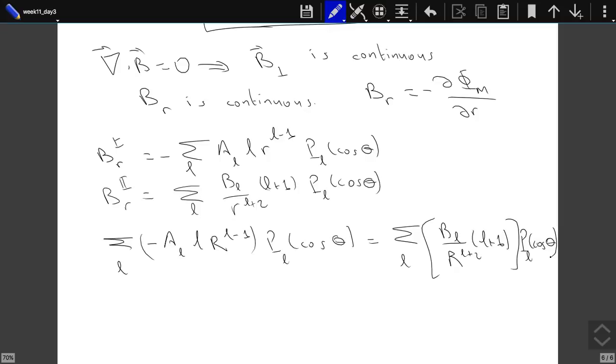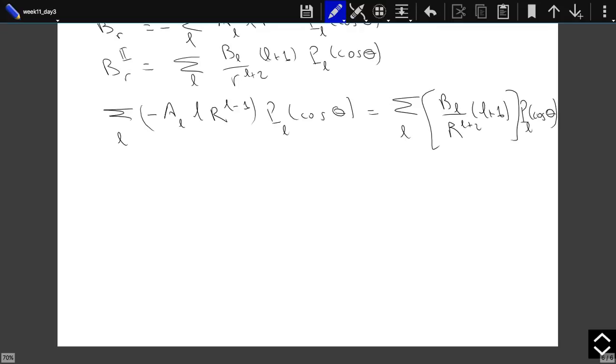Legendre polynomials are complete and orthogonal. So if you have any such equality involving Legendre polynomials, then the coefficients of the corresponding polynomials have to be equal. The coefficient of P_L cosine theta on the left-hand side should equal the coefficient on the right-hand side. That gives me one set of equations between these unknowns A_L and B_L.